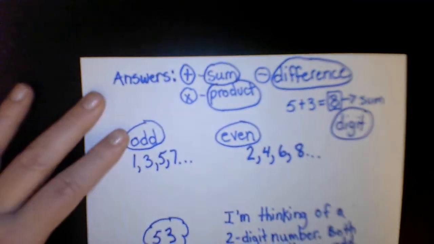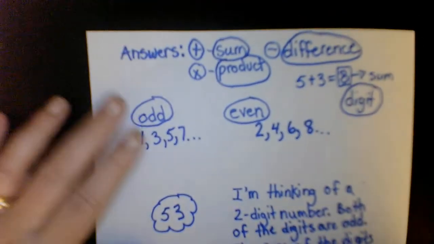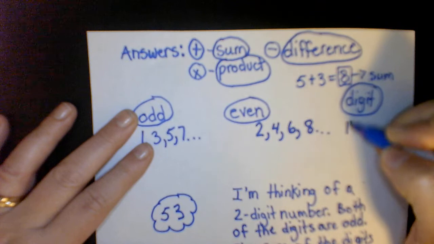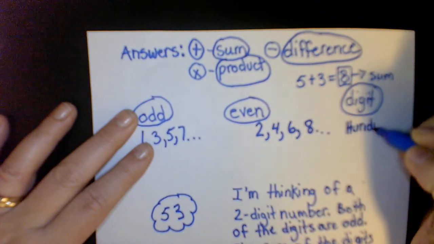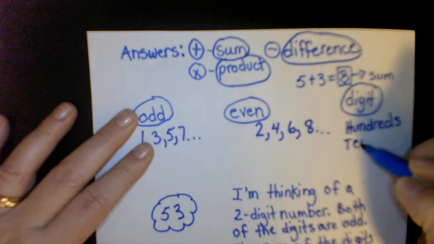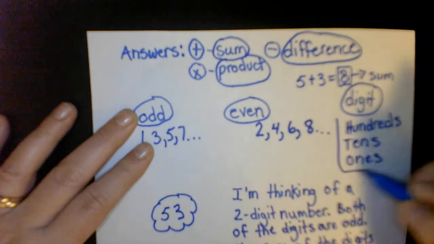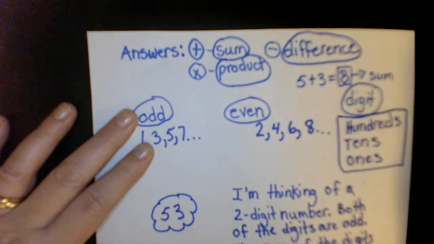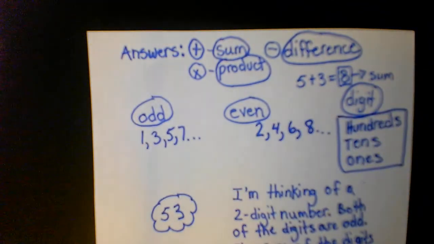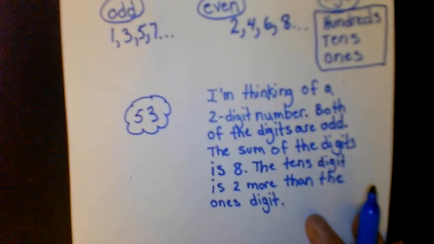So that's 2 digits because there's 2 numbers that make up the number 53. And then I can use hundreds if I'm doing a 3-digit, tens, or ones. Okay, so these can also be helpful. So you might want to just make a little note for yourself of some of these words so that you can use some of these words when you create your own problem today.